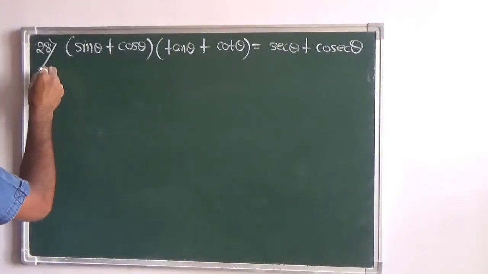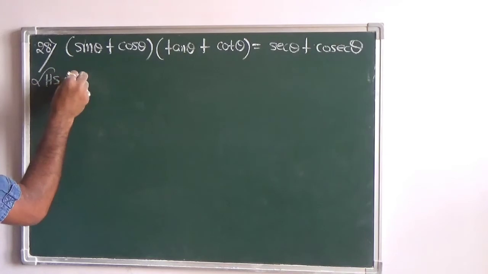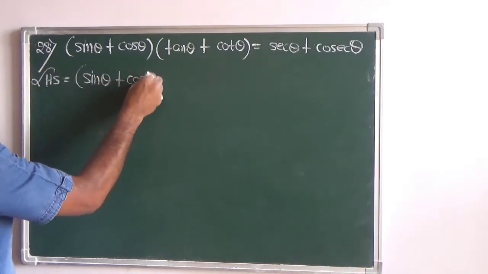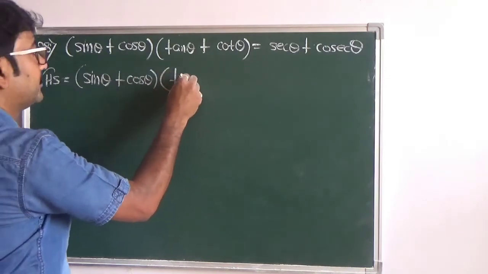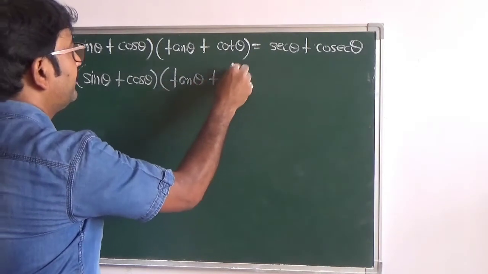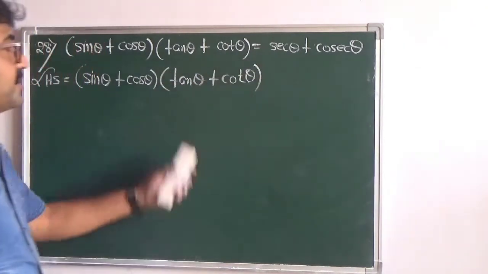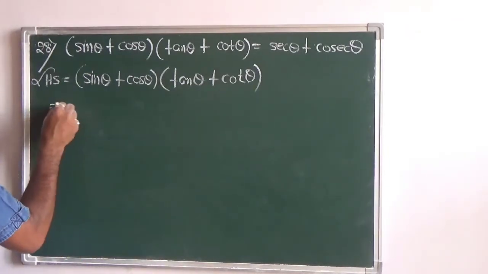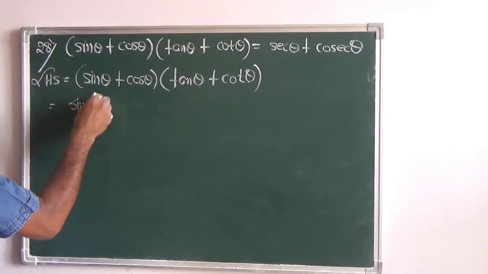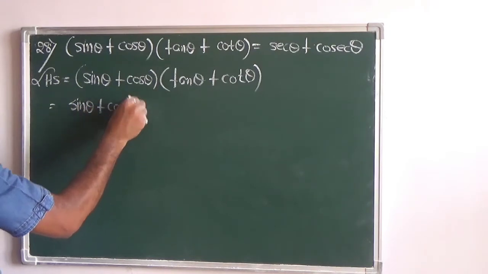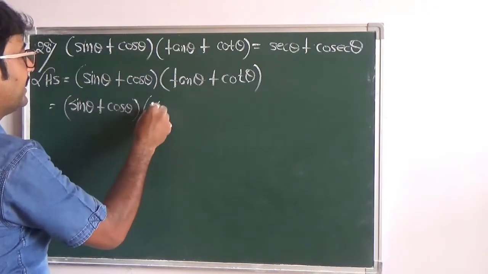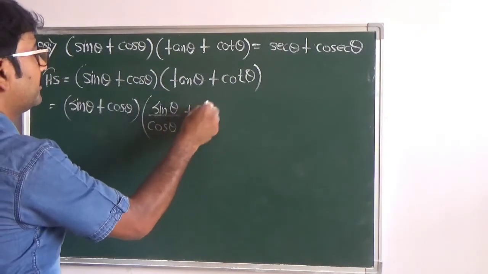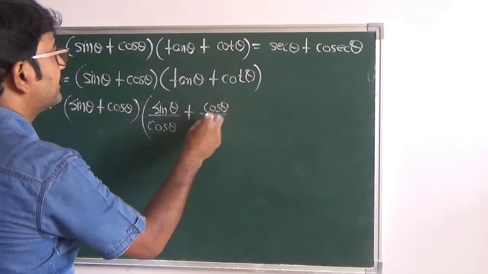So again, as usual, we will move from the left hand side. Sin theta plus cos theta into tan theta plus cot theta. Let us change tan and cot in terms of sin and cos. So we have sin theta plus cos theta, and this we can write as the quotient ratio sin theta by cos theta plus cos theta by sin theta.